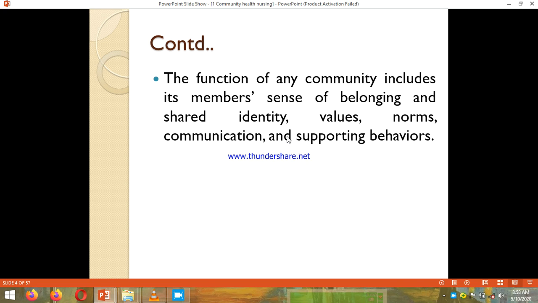Identity means the characteristics, feelings, or beliefs that distinguish that community from other communities. Value means a belief about what is right and what is wrong. Norms means a pattern of behavior that is usual or expected from that community.